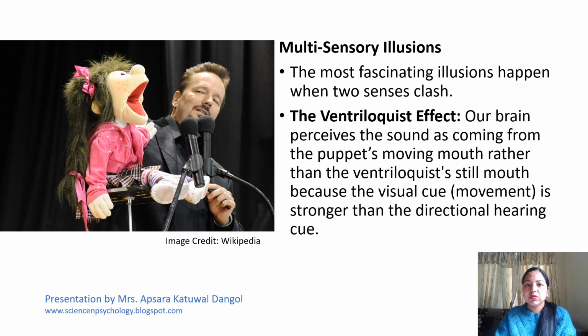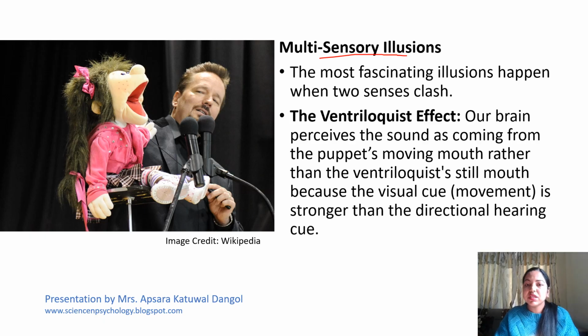And the next illusion is multisensory illusion. The most fascinating illusions happen when two senses clash. I'm sure that in different videos you must have seen the ventriloquist effect. That is a person carrying a puppet and making a sound, and it feels like the puppet is making the sound. Why is that happening?